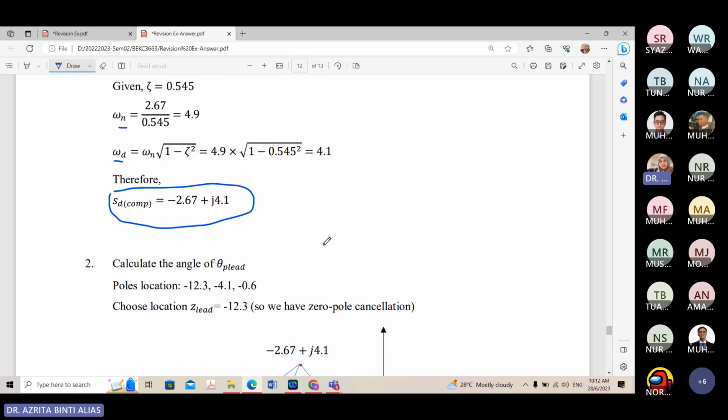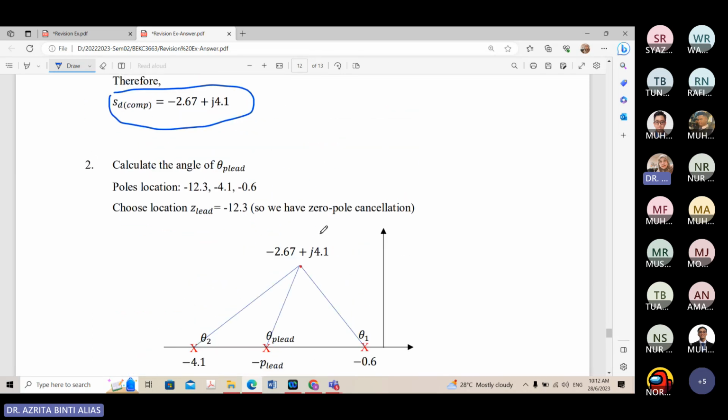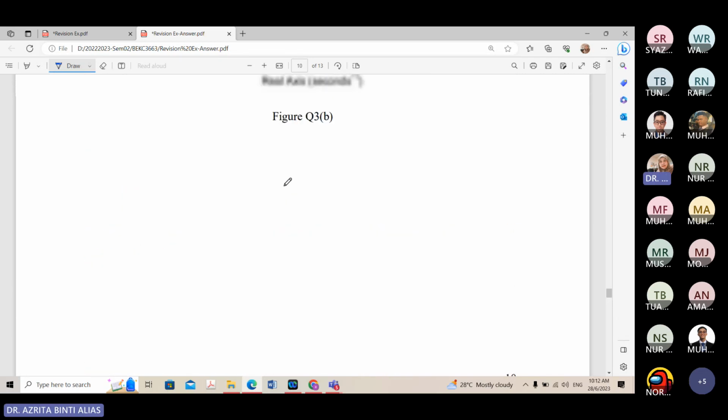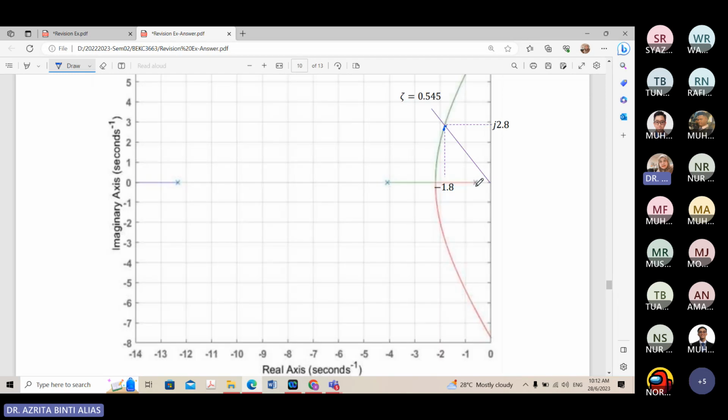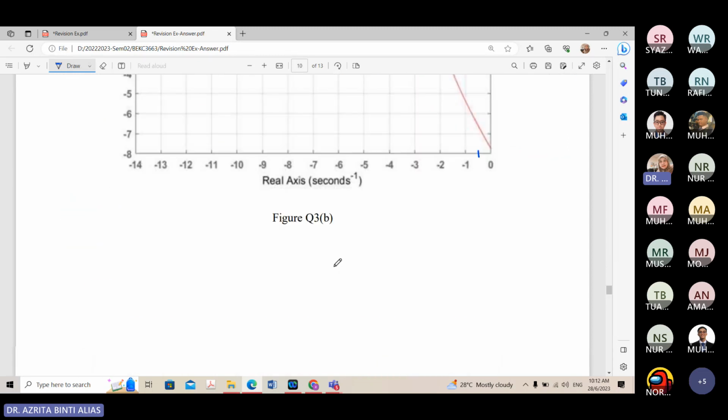So after we find the ST compensated, so from here, the pole location, either you can read the pole and zero location from this graph. Sini, nampak? Dia bukan nombor bulat pole location, since the system looks like this.